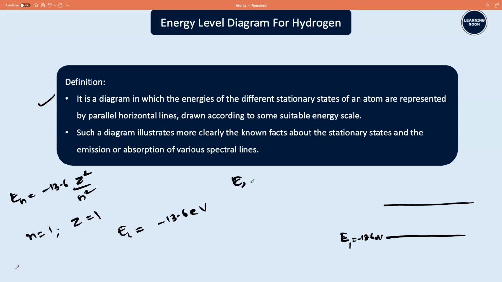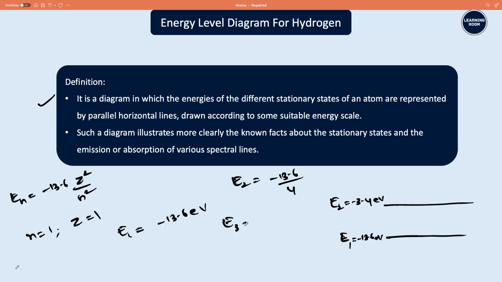Suppose you want the energy of the second orbit, what will you get? You will get minus 13.6 into 1 by n square, you will get by 4. How much is it? Minus 3.4, right? Yes. So E2 will be equal to minus 3.4 electron volt.